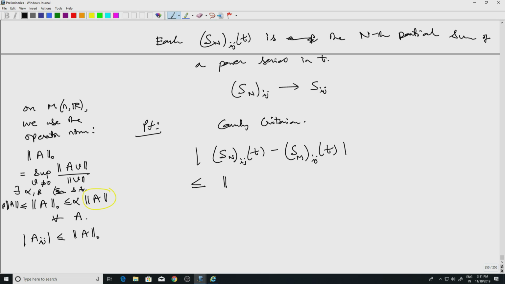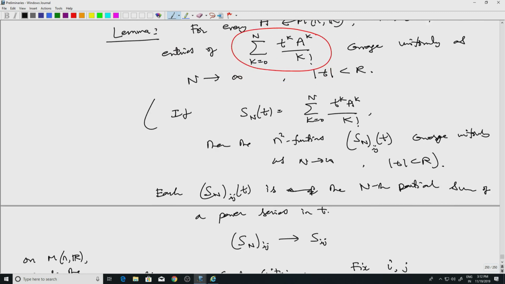So let's use this and write it as Sn ij(t) minus Sm ij(t). So here I should say fix i and j, and this is the operator norm.